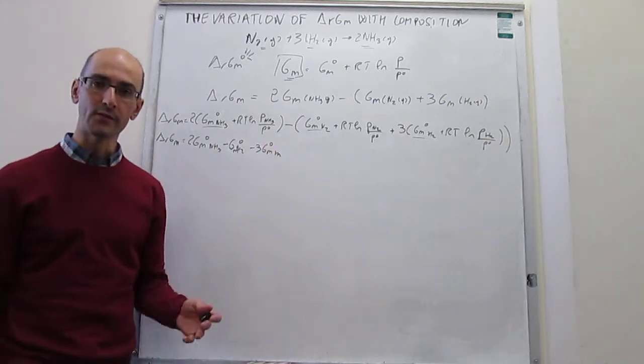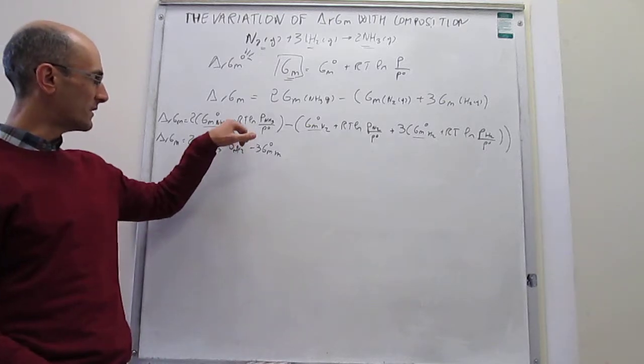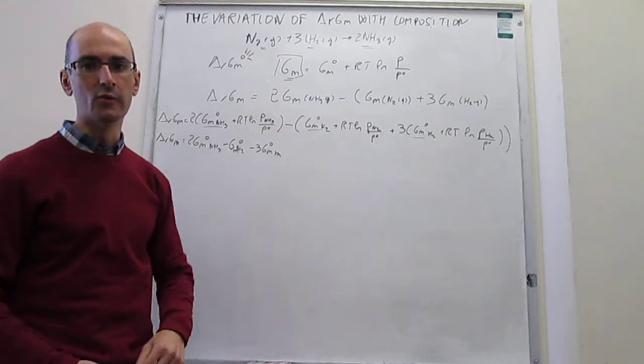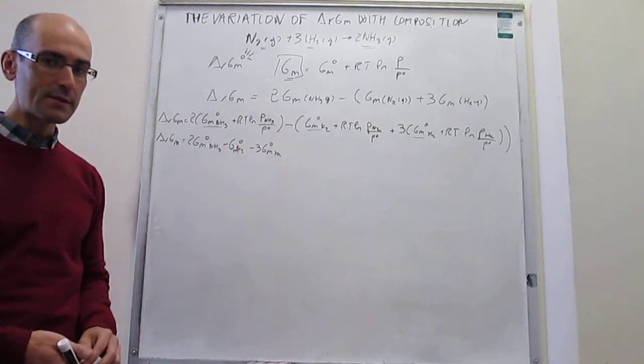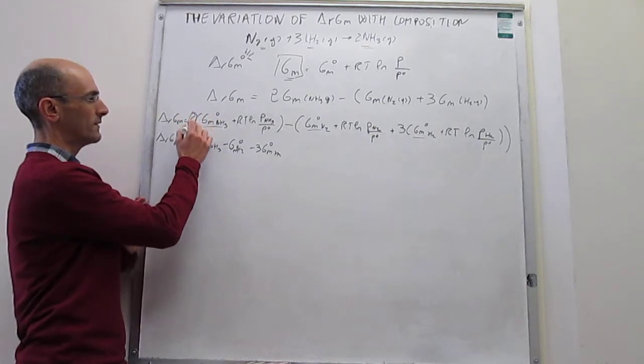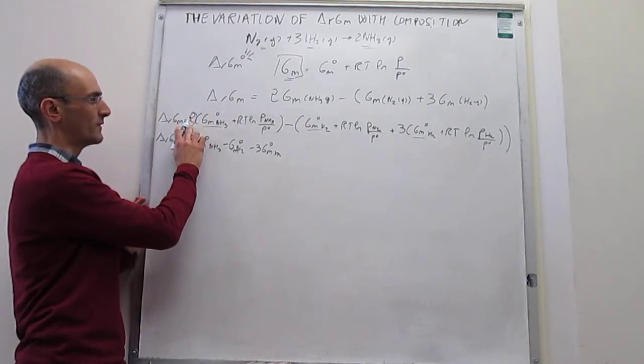And then we have the rest of the terms, which are going to be RT natural log of the partial pressure of the gases divided over the reference pressure. Now, something that we have to be careful about is that we have to factor in this stoichiometric coefficient.